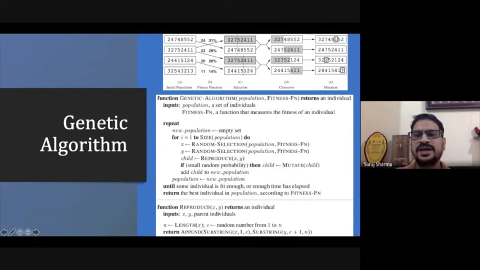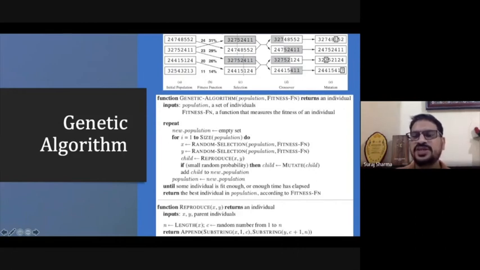Getting it? Here, let's say the crossover point is 5. Here the point is, let's say, 3 we are taking. Here it is 5. In that way you do the crossover. It can be anything based on your genetic algorithm. After the crossover, we get the new population. In that new population, we do another step called mutation.